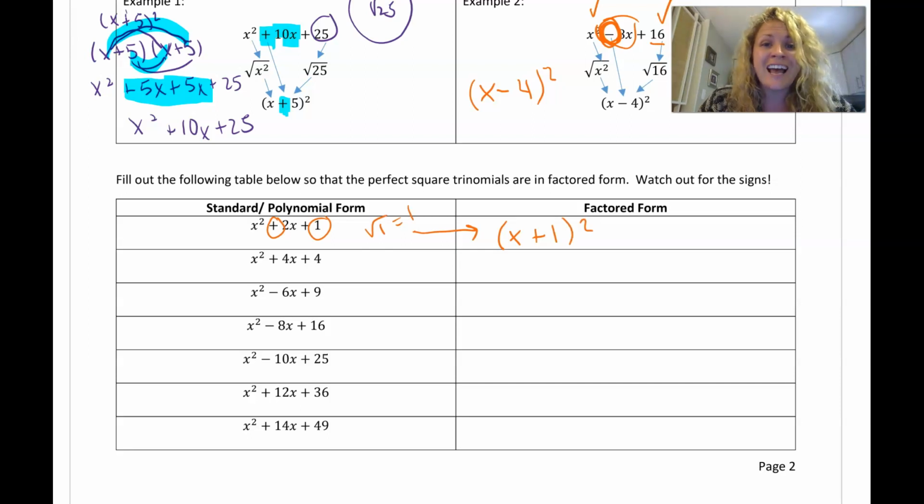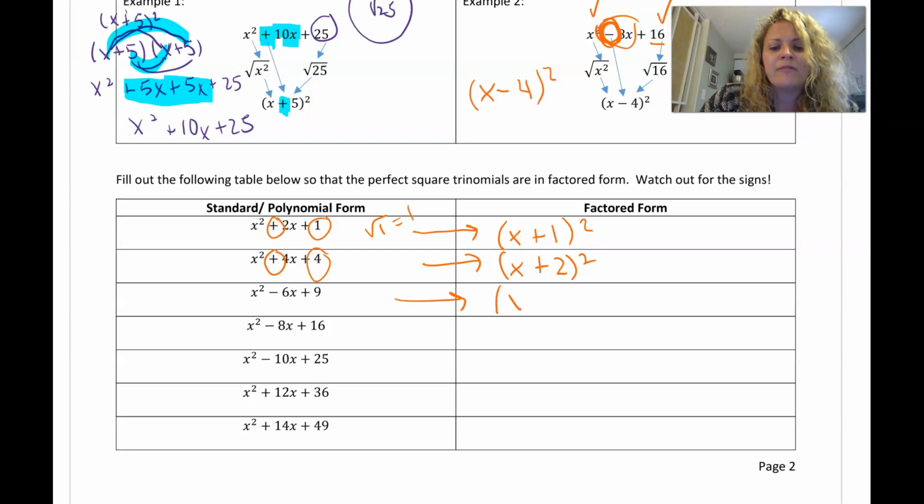So that would factor to x plus 1 times x plus 1, which is just x plus 1 squared. All right, we'll go through these kind of fast. Next example, the square root of my first term is x. The sign of my second term is still addition. The square root of my last term, the square root of 4, is 2. x plus 2 squared.